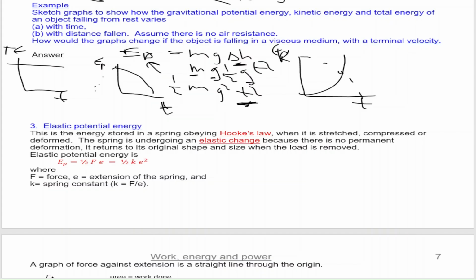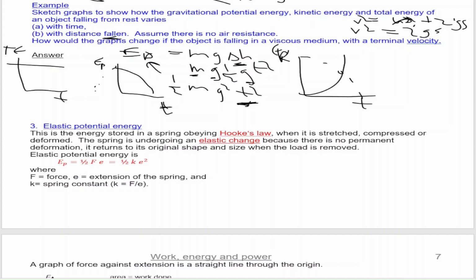And then with the distance fallen, for the kinetic energy, we use the formula v squared is equal to u squared plus 2as. I think that is 2gs. So again, starting from rest, v squared will be equal to 2gs. And the kinetic energy is half mv squared, so we just take the 2gs as it is.